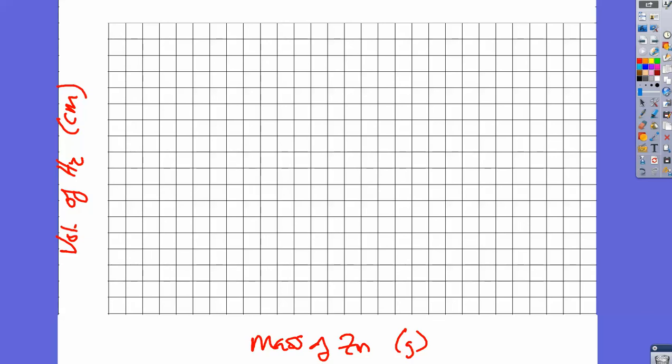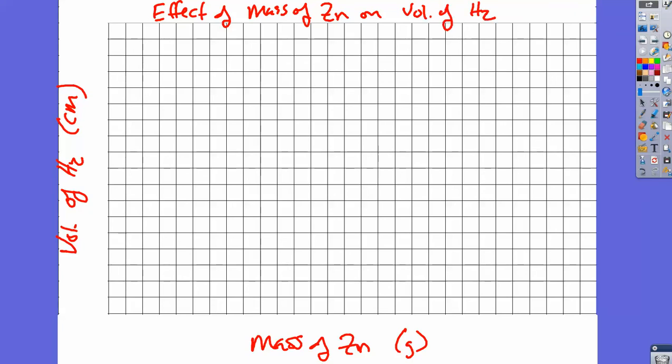We looked at how that was impacted. And so our title would be the effect of the mass of zinc on the volume of hydrogen gas produced.